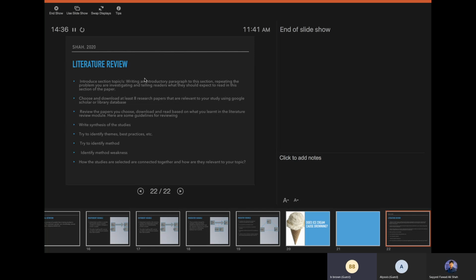So basically, you're not summarizing. You're just trying to find information to better your research topic. Yeah, so you are not just providing summaries like you provided in your earlier annotated bibliography. You are trying to find connecting links among these studies, and you are developing a story based off of those studies, using those as references. So write it in a narrative style.